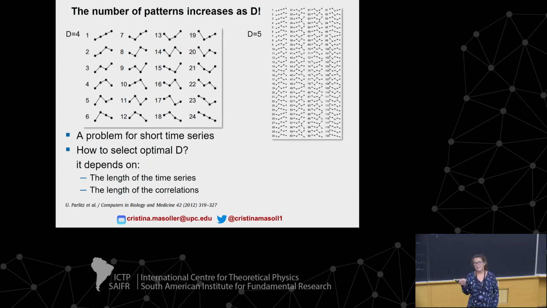If you don't expect very long correlations, then there's no point in analyzing long patterns, right? And I will go again later on how to overcome this, even if there are long correlations, for instance, some time series with a seasonality, where we know that things repeat over time every 12 months. There is a way to overcome this without the need of having to consider patterns with 12 letters.